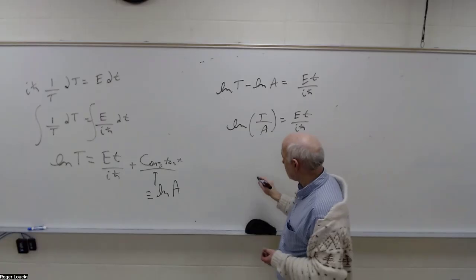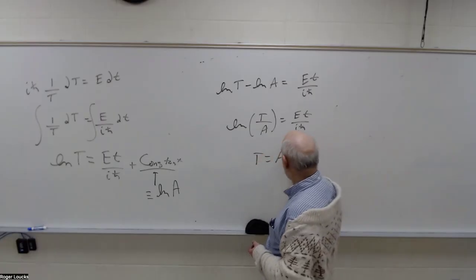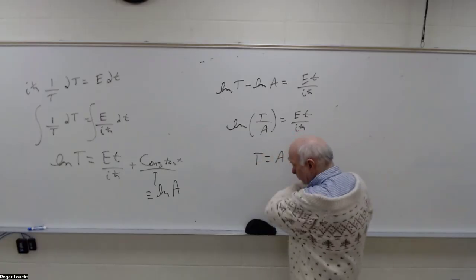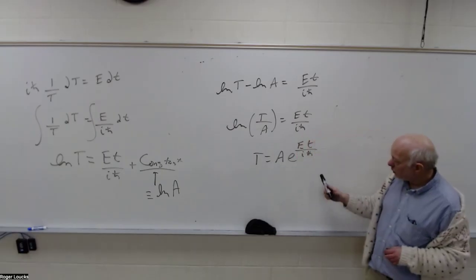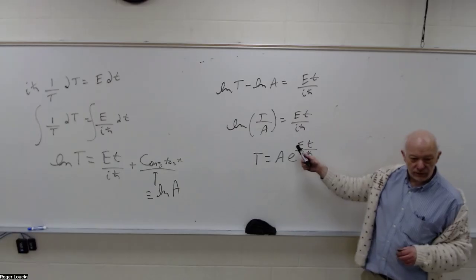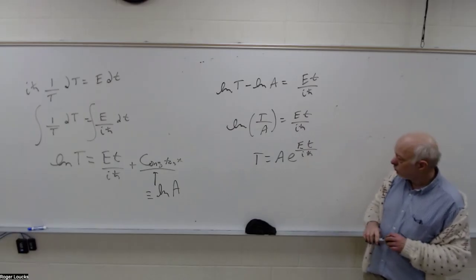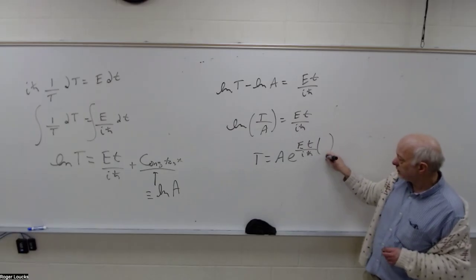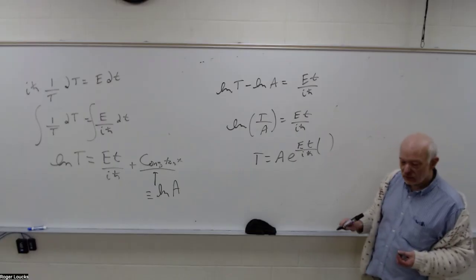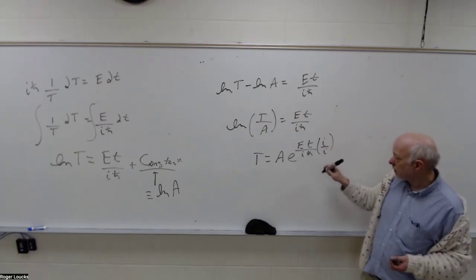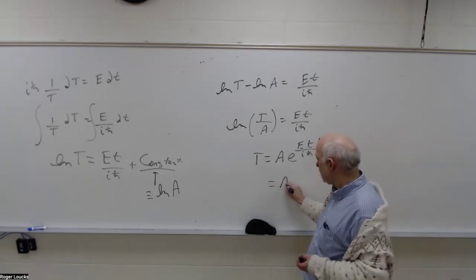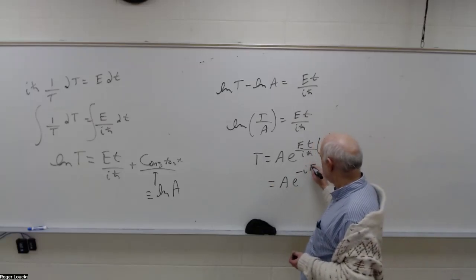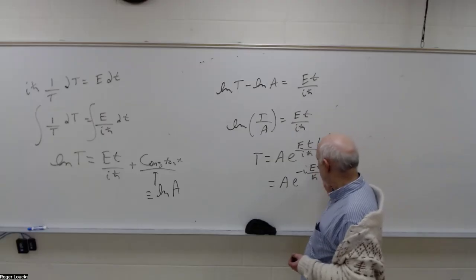I exponentiate both sides, so that gives me this. Now we don't normally like that i in the bottom, so I get it to the top. Multiply top and bottom by i over i. What is i times i? Minus 1. So this is going to be A e to the minus iEt over ħ.